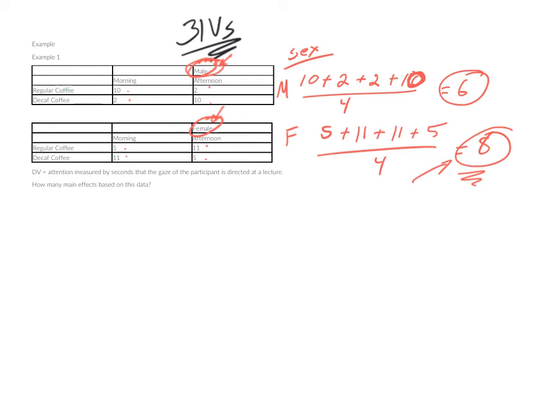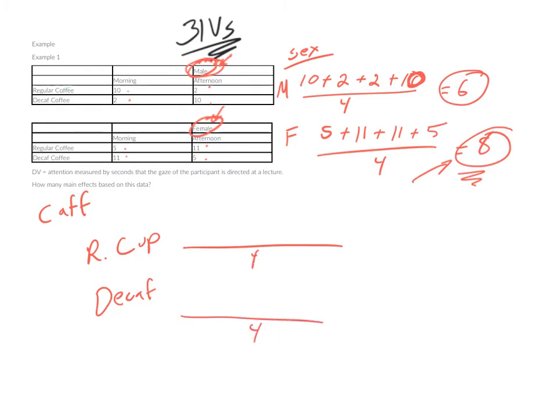So now let's go ahead and do caffeine. We have a regular cup of coffee, and we have decaf. We know we're going to divide by 4 because there are 4 numbers we're going to find. Let's see where the regular cups of coffee are.